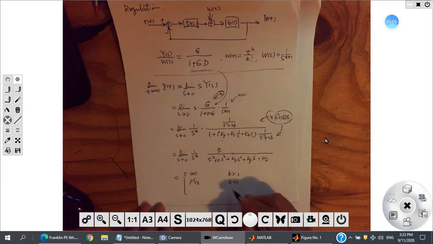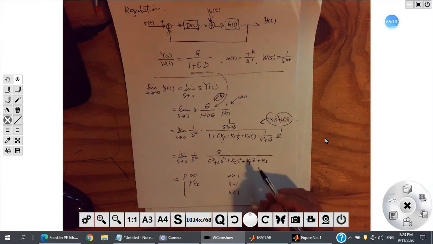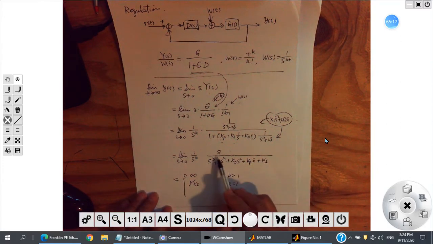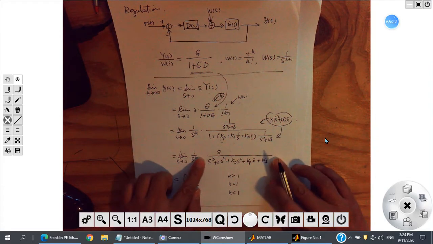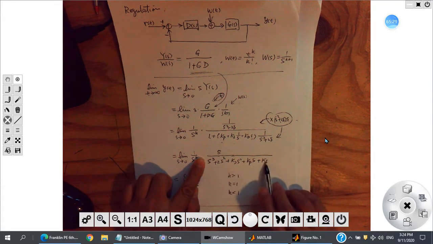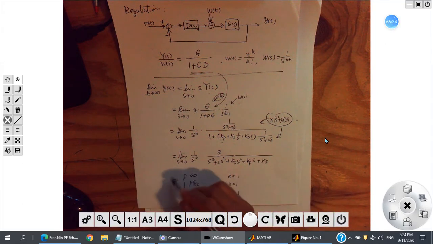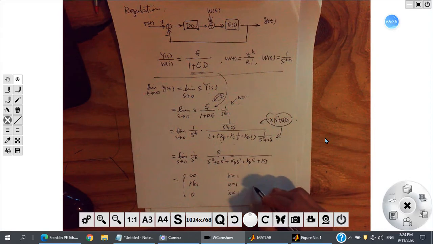And when K is smaller than 1, that will be 0. If you combine these two, you will have some S power in the numerator. So this gives us 0, because the denominator, when S goes to 0, is always KI.